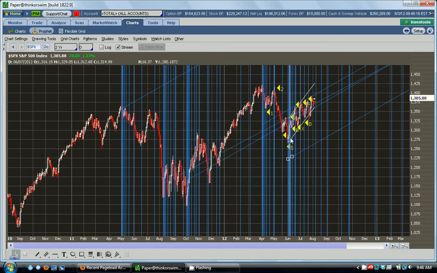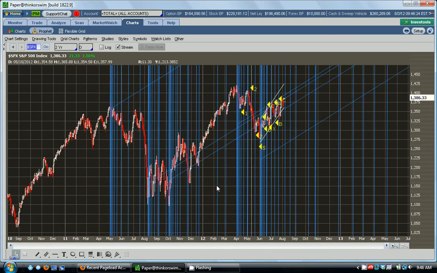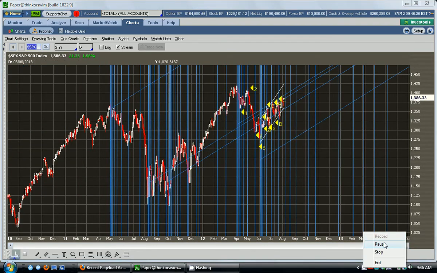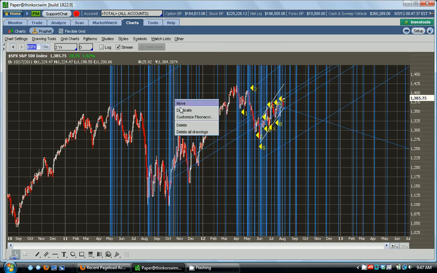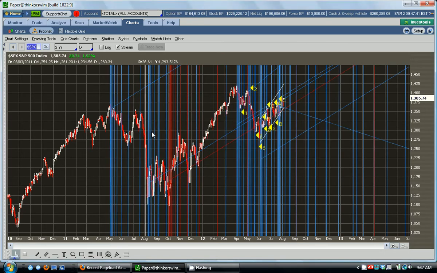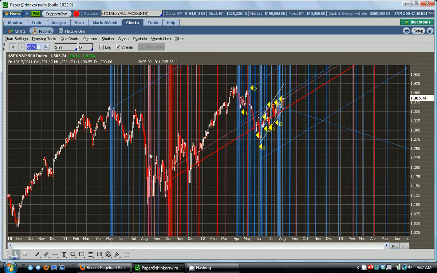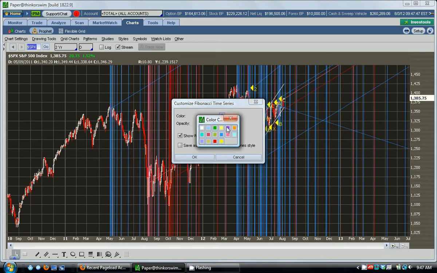Put one there. And let's change the colors of each of these so we can actually see. I'm going to make the longer term ones red. Actually, pink seems more appropriate. So we'll make the longer term ones pink. We'll keep the shorter term ones blue. And the very short term ones, we'll make them green.